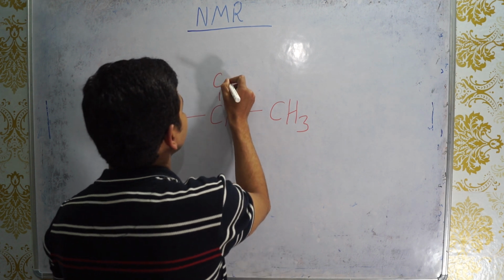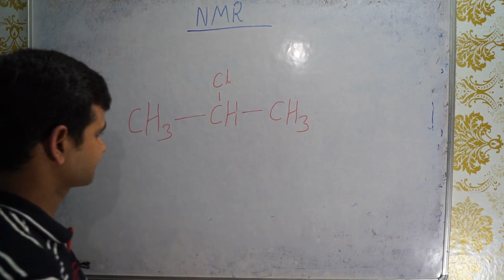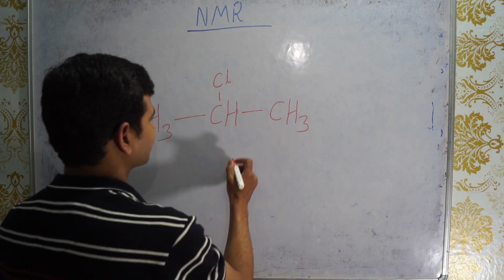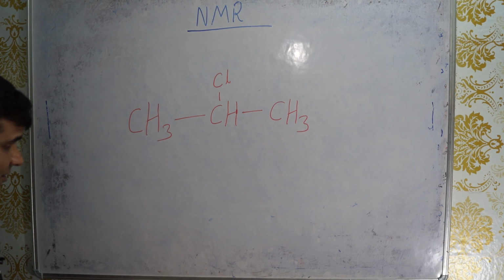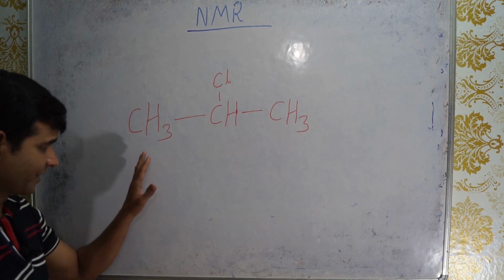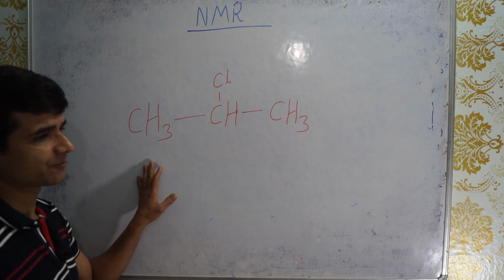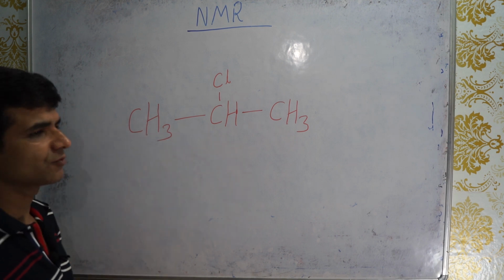This is the Cl. First of all, we will discuss how many types of hydrogen atoms are present in 2-chloropropane.